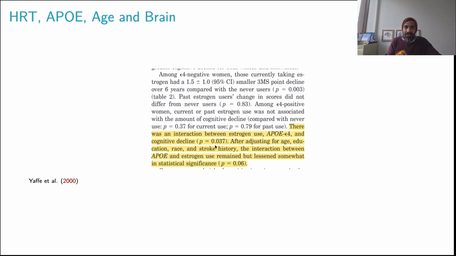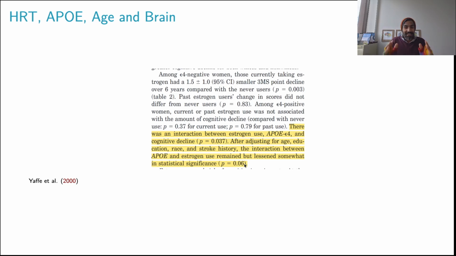However, after adjusting, which just means controlling, for age, education, race, and stroke history, the interaction between ApoE and estrogen use remained, but lessened somewhat in statistical significance with a p-value of 0.06.